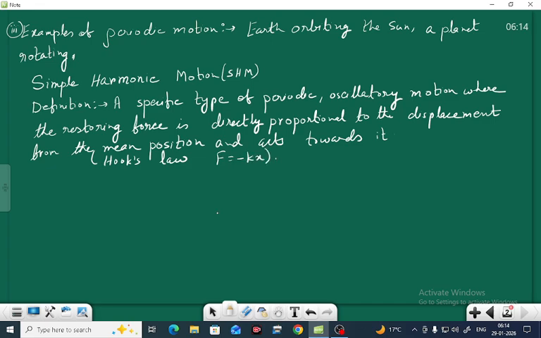This is the equation of simple harmonic motion: F equal to minus kx.